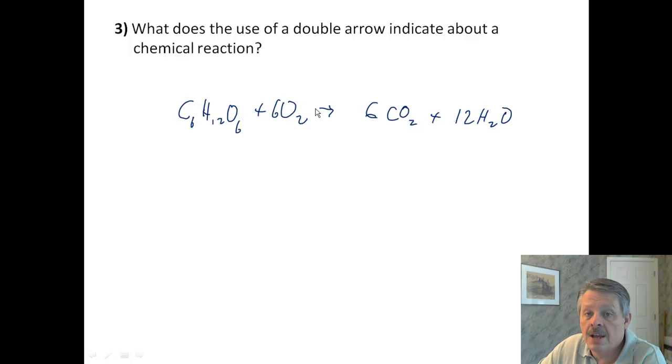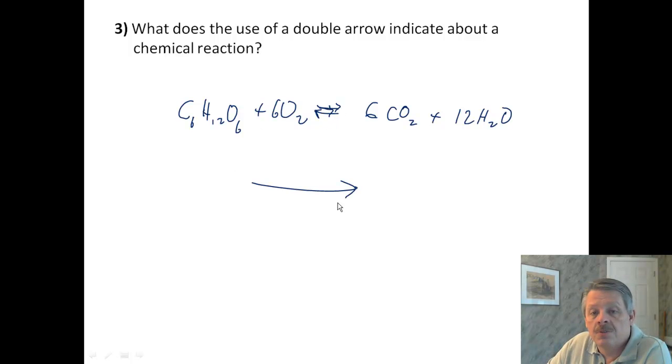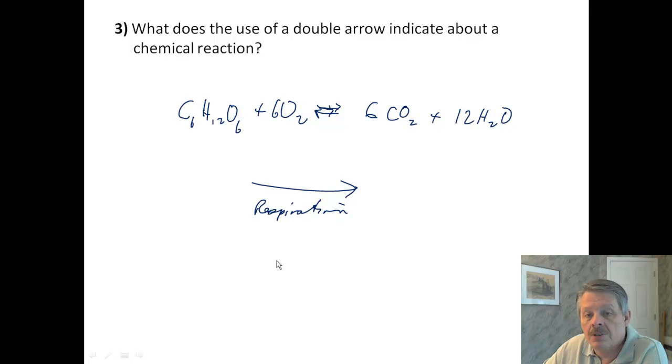Now this reaction can go in both directions, right? And it does go in both directions. The direction in this direction is called respiration. And the one that's going in the opposite direction is called photosynthesis. You should remember this from biology.